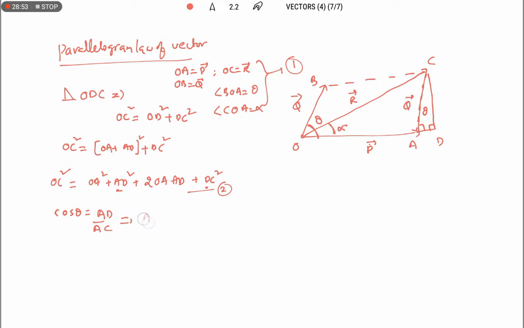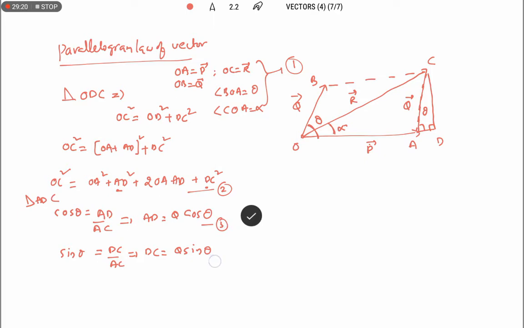Therefore, AD is equals to Q cos theta. This is from right angle triangle ADC. Next, sin theta in a similar manner. Sin theta is equals to DC by AC. Therefore, DC is equals to Q sin theta.